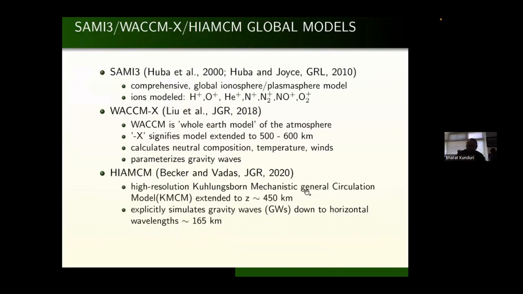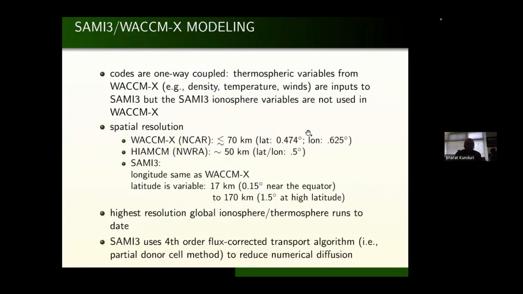So recently, in the last few years, we've joined forces with some thermospheric modelers. We're using the SAMI-3 model developed at NRL by myself and Glenn Joyce. And then also WACCM-X, this is the NCAR whole atmosphere model that extends up to about 500 or 600 kilometers.